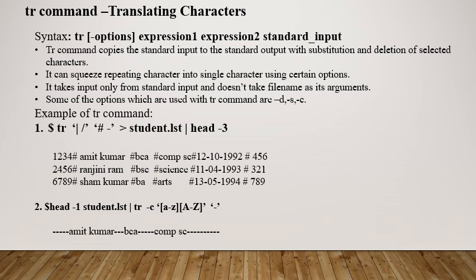I have used A to Z, capital letters and small letters, and this will complement with hyphen. So all the characters other than A to Z and a to z are replaced with hyphen.